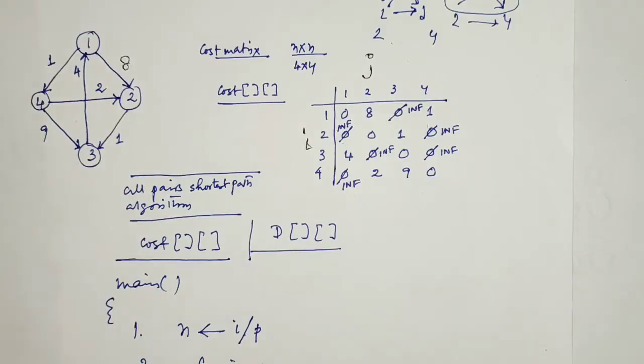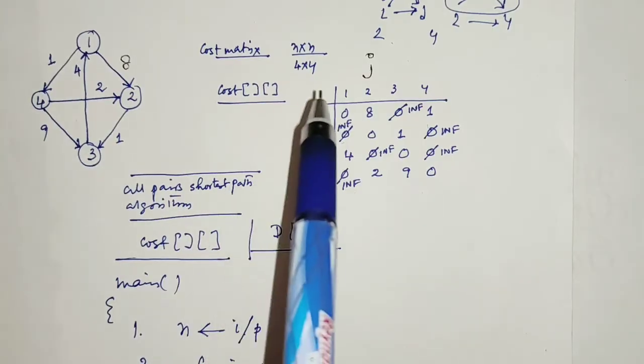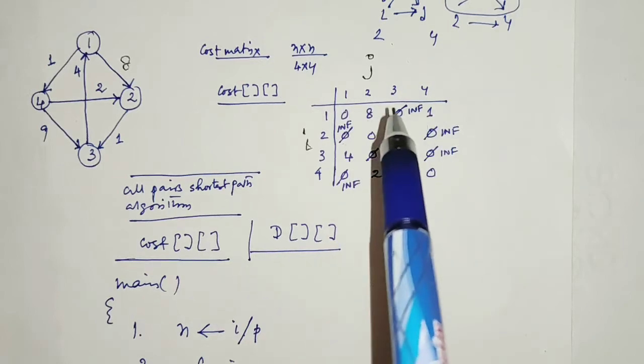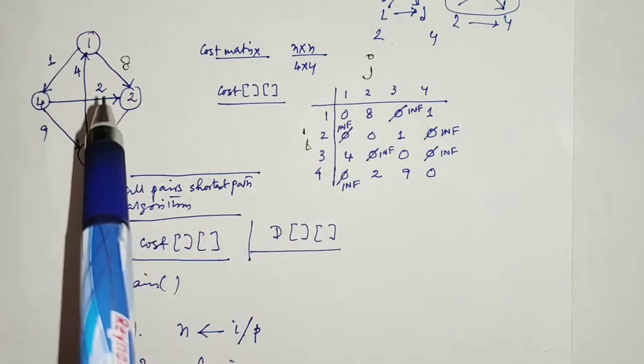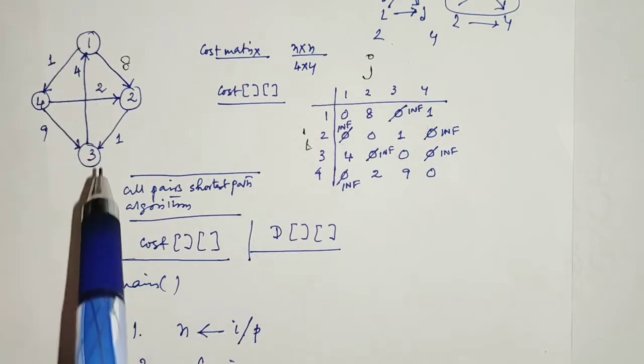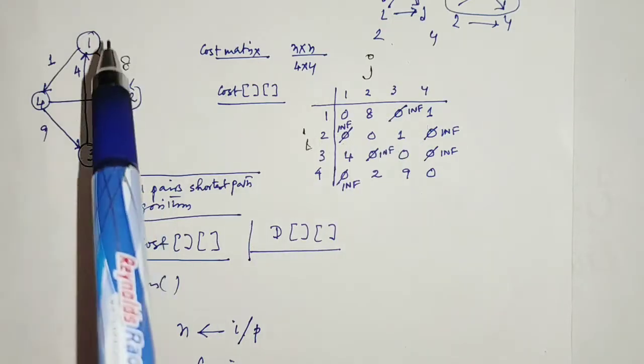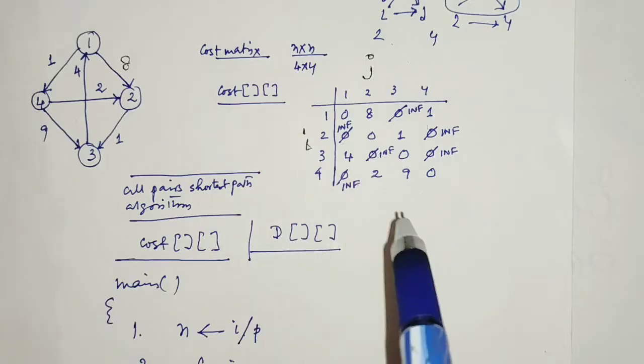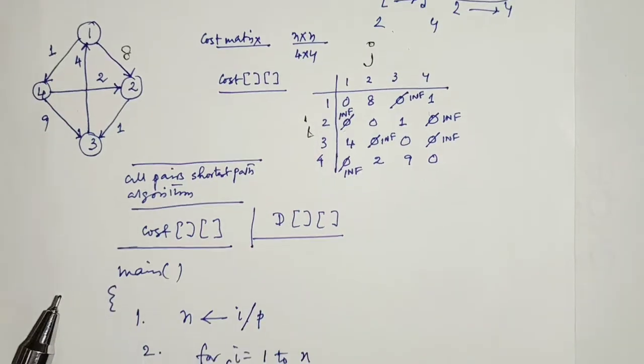Normally, in the graph given for solving any problem in this kind of algorithm, we avoid putting any self loop. So by default the principal diagonal must be 0, and except for the principal diagonal some entries may be 0. Because from 1 to 3 there is no edge, it is 0. From 1 to 4 there is an edge, so it is 1. In that way some 0 entries except the principal diagonal may be present in the cost matrix.